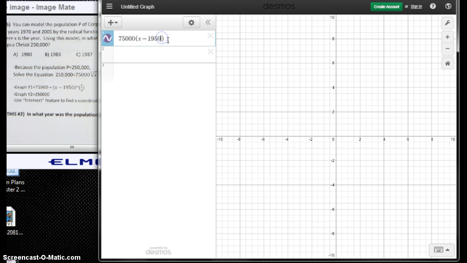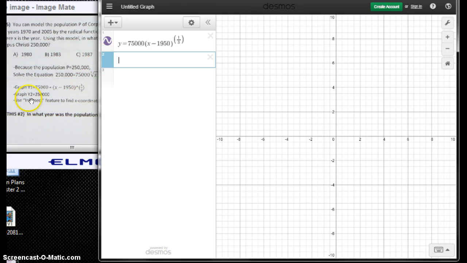So because we don't have that symbol, we're gonna use the exponent of 1 over 3, because an exponent of 1 over 3 is the same thing as a cube root. Oh, and we shouldn't forget to type y equals.